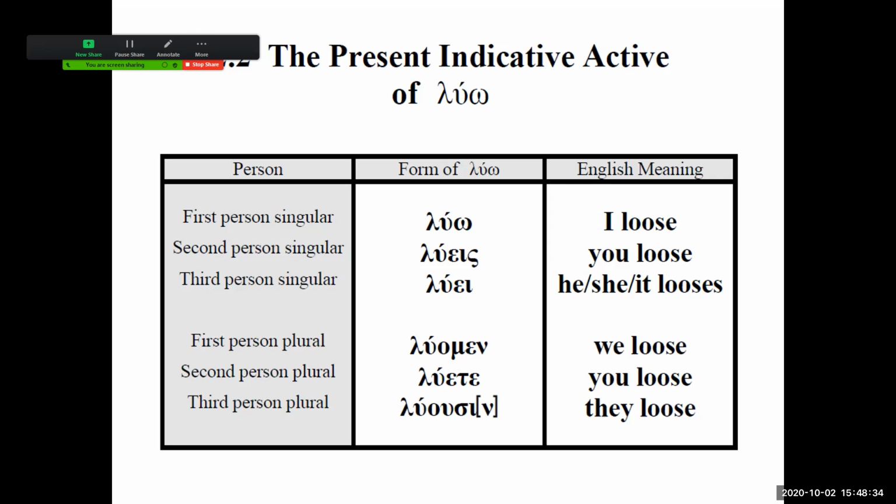They work for most verbs in the present tense. I, you, he, she, it. Notice the third person singular can be he, masculine, feminine, or neuter, he, she, it. And then we, you, plural, and they. Again, the pronoun, really the subject of the verb, is already in the verb itself.